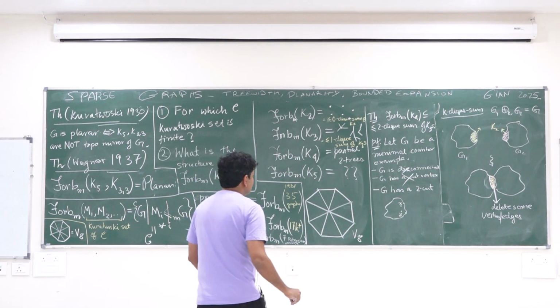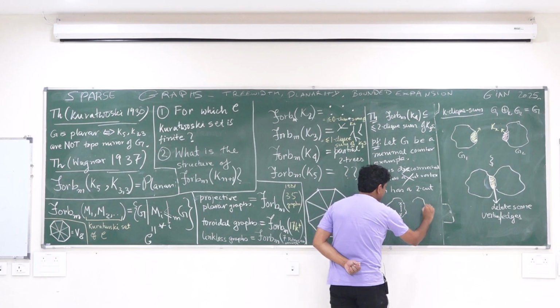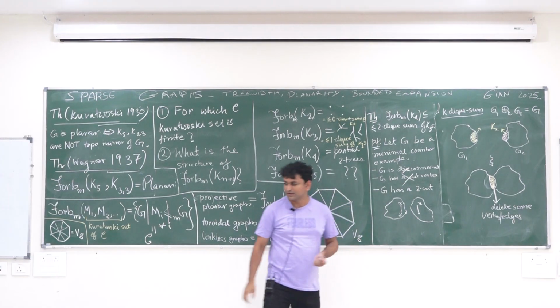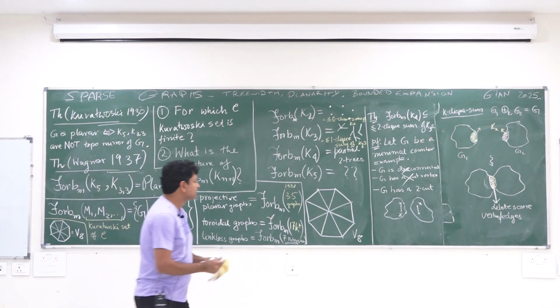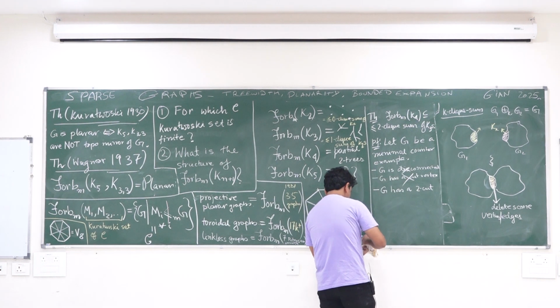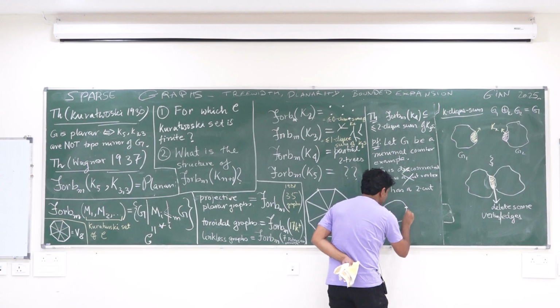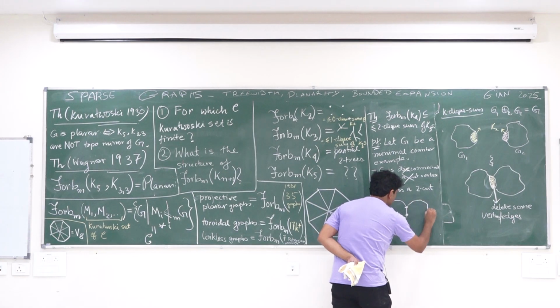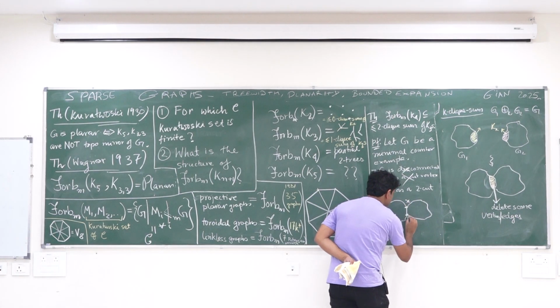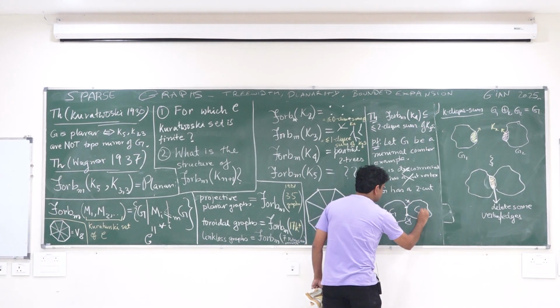Okay. So the next one, if it has a 2-cut, if it has an edge, then it is easy. You do the exact same thing. I don't know how to draw it actually. So this is C1, C2.